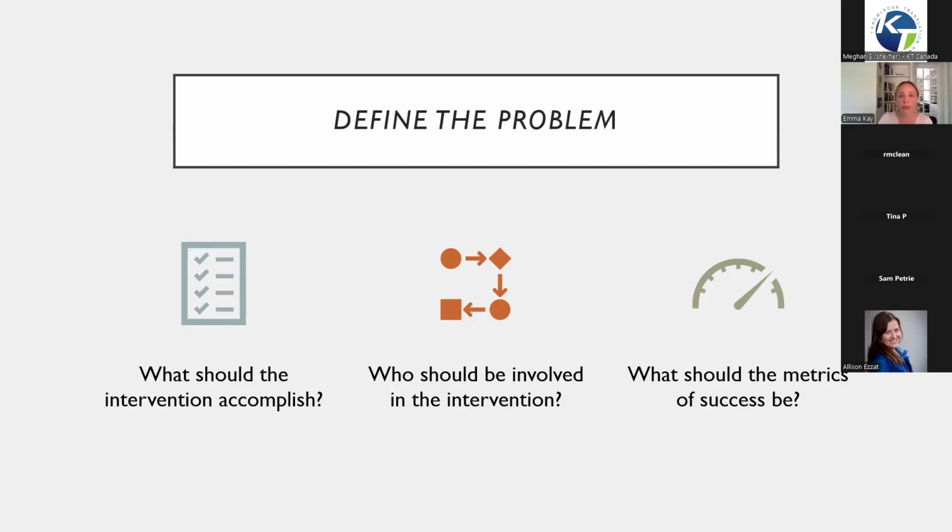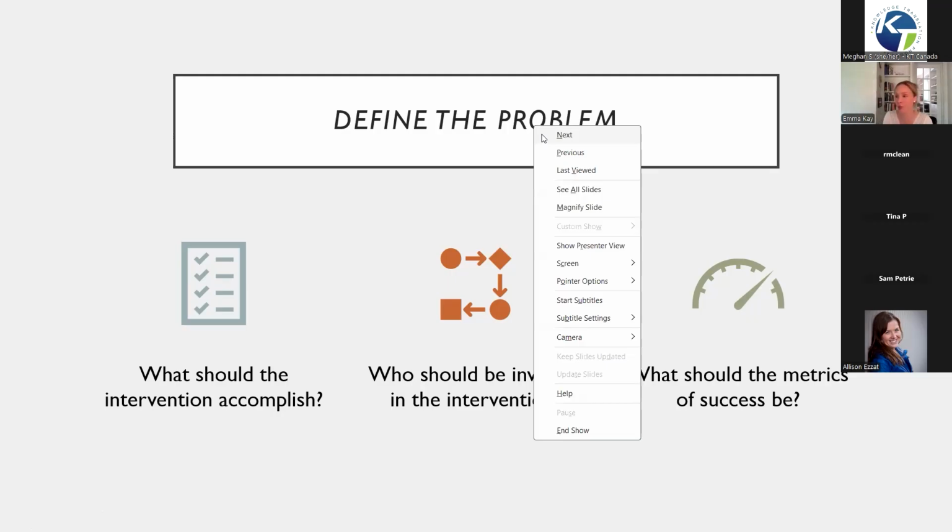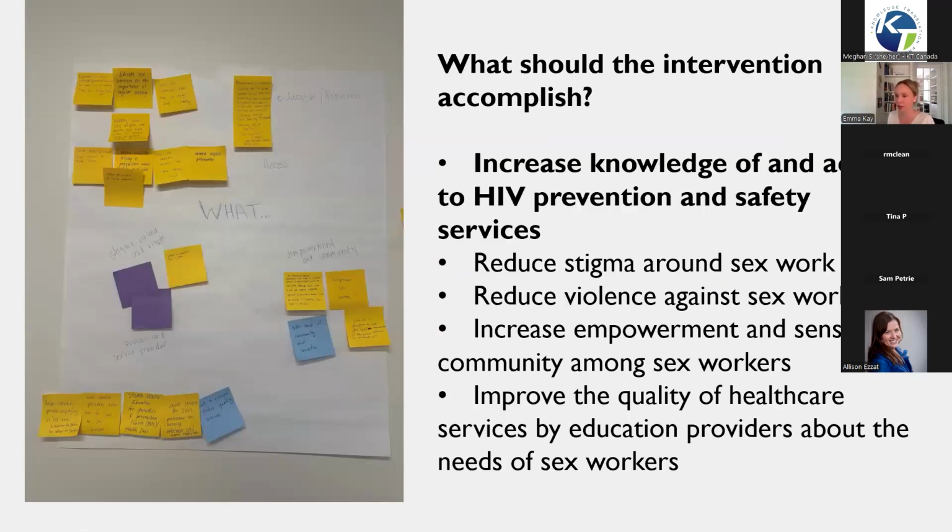So we started by defining the problem, right? That's one of the key steps in co-design. So we asked them, and you're going to see more sticky notes. I'm very much a fan of in-person, hands-on activities with community members because they're very accessible. You don't have to worry about technology barriers.